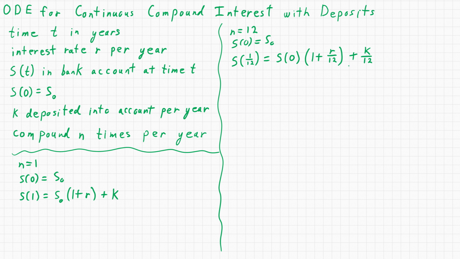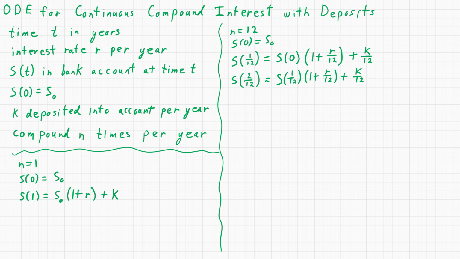So a little more complicated, and unfortunately that complication makes this a much more difficult thing to solve for. So if you do S of 2 over 12, that's going to be S of 1 over 12 times 1 plus r over 12 plus another K over 12.